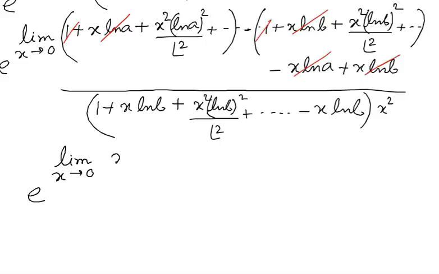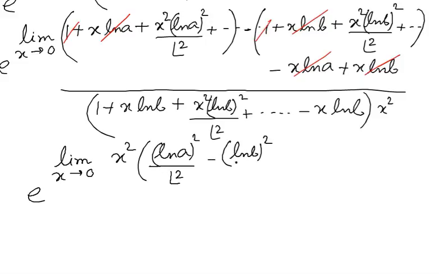a polynomial starting with the power of x to be square. So it is x square into ln a square by factorial 2 minus ln b square by factorial 2.